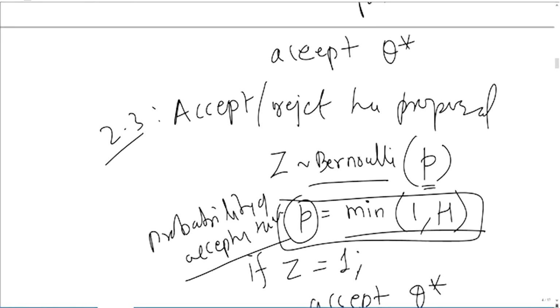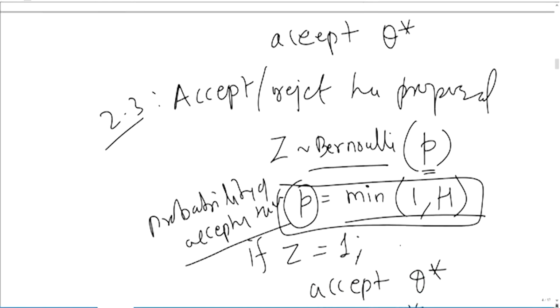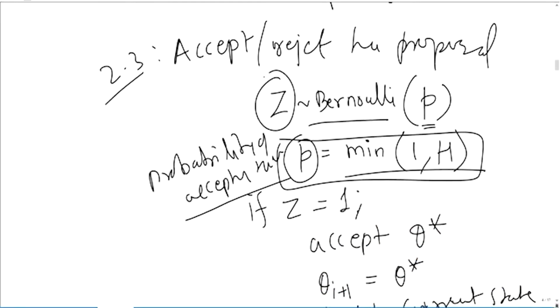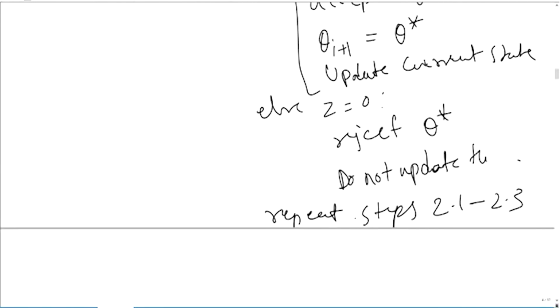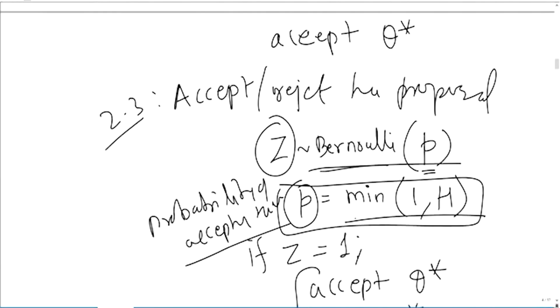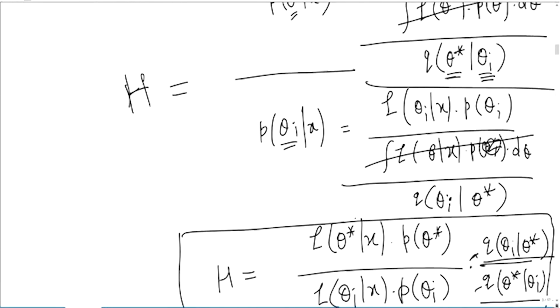So we accept the proposal with probability h. We generate our decision criterion from a Bernoulli distribution. If p is 1, this will always generate 1. If p is less than 1, it would sometimes generate 1. If it generates 1, the decision criterion is satisfied, and we accept theta star as a new sample for the posterior and update the current state of the chain. This is how the Metropolis-Hastings algorithm works.